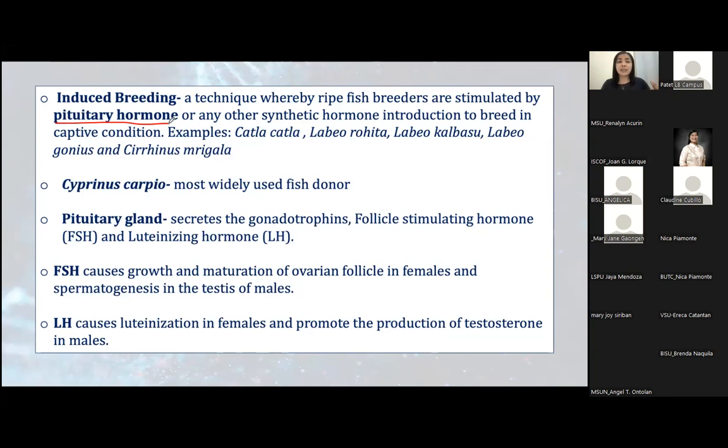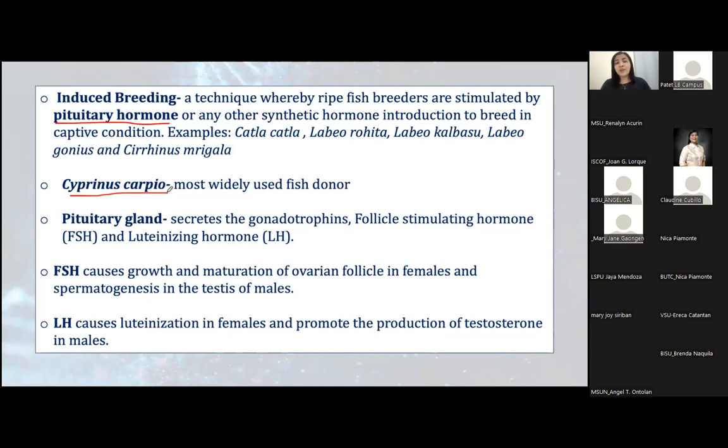Examples of fish used for induced breeding are catfish. The donor's pituitary gland is found in the head of an organism, so you have to extract it. The most widely used fish donor is Cyprinus carpio or the carp.